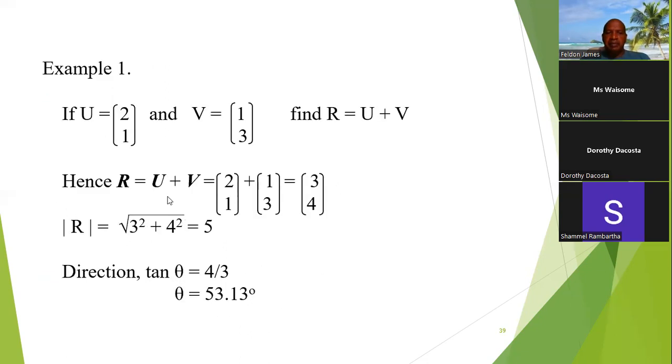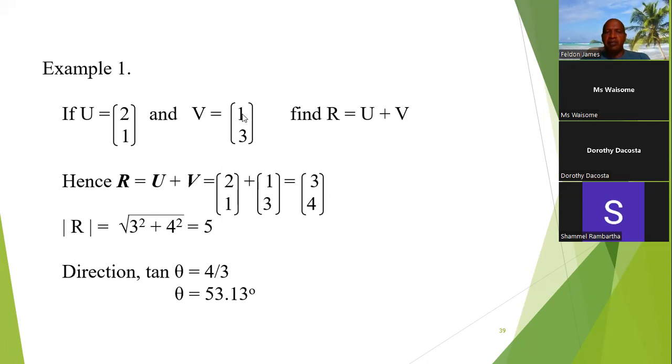Now, this is an example. Let's say that you have a vector u with coordinates 2 and 1, the vector v with coordinates 1, 3, and you want to find the position vector for the resultant.